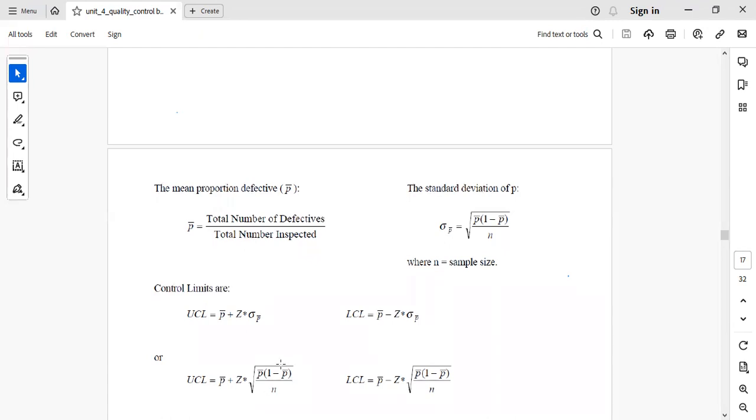Of course, we already know what sigma P bar is, because it is calculated here. So that is what you have here. And therefore, with that, these are straightforward, you can easily get the control limits for that.